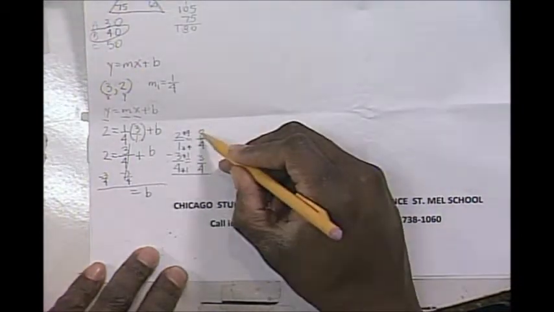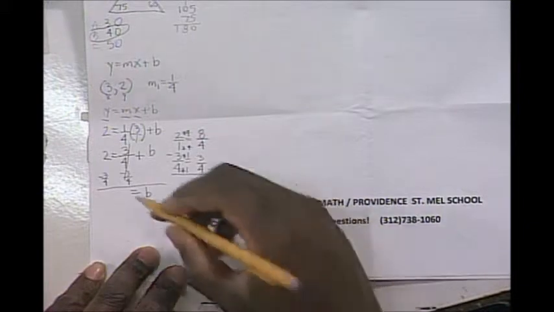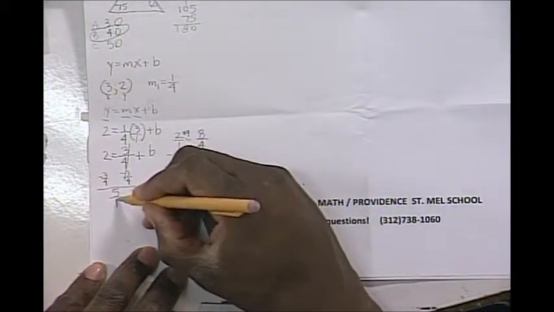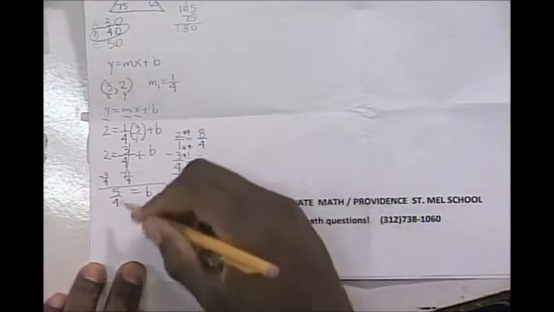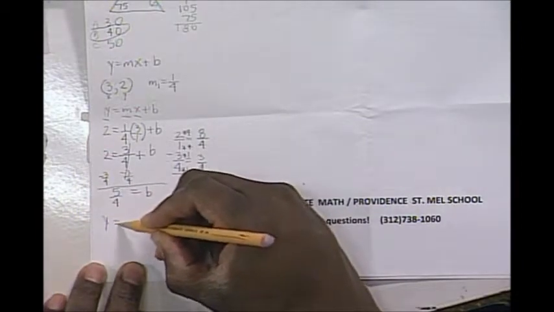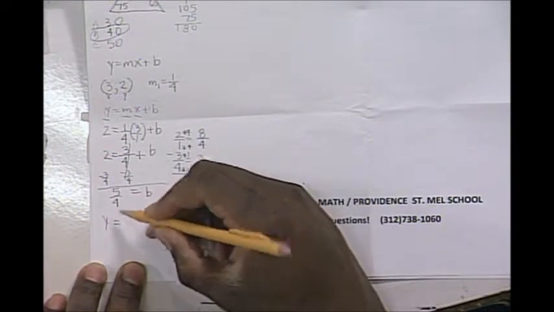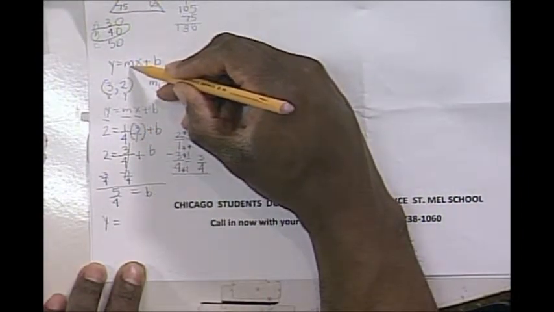So you're going to get 8 minus 3, which is 5. And you're going to get 5 over 4. And it turns out that that is going to be your final answer. Oh, 5/4. Okay, so your final answer, the equation, is y is equal to m. What's m again?